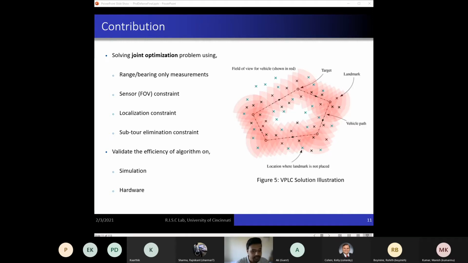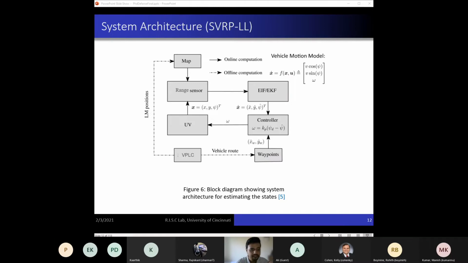And finally, we validated our work through extensive simulation and hardware testing. Figure 6 represents the system architecture. The map is developed offline as the optimization is done prior to the navigation step. It provides a sequence of waypoints to travel through and the location of the subset of the landmarks that are selected and placed, using which the vehicle can successfully localize and navigate.